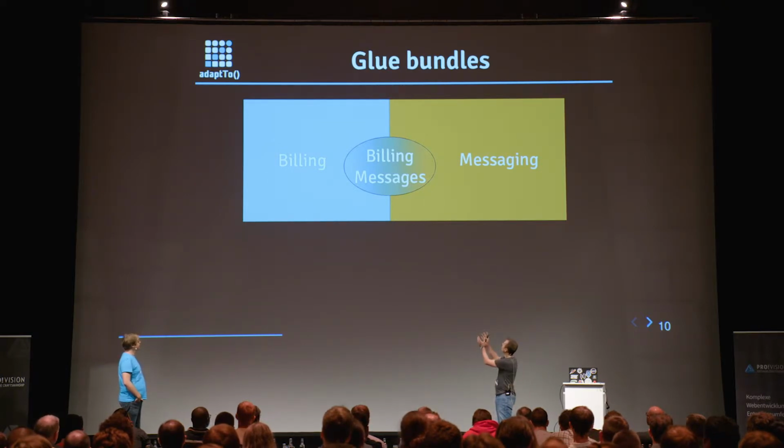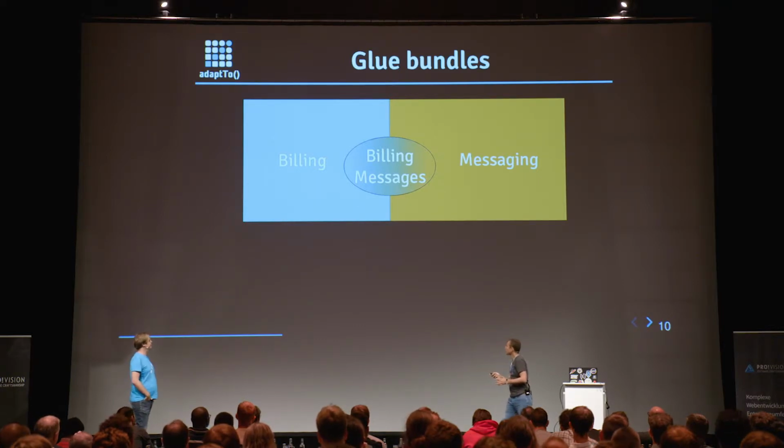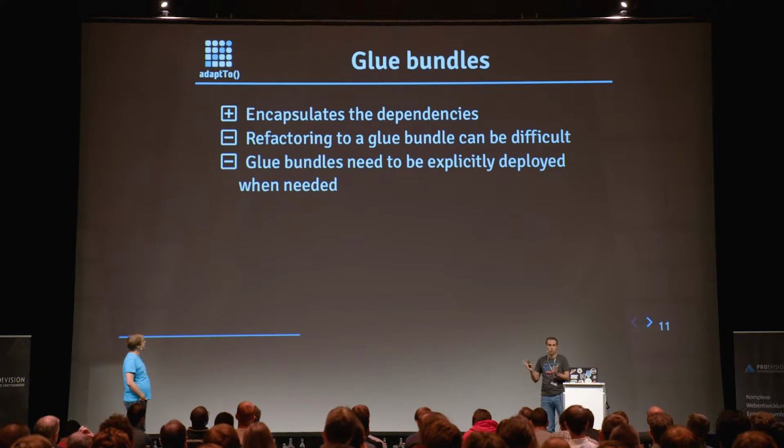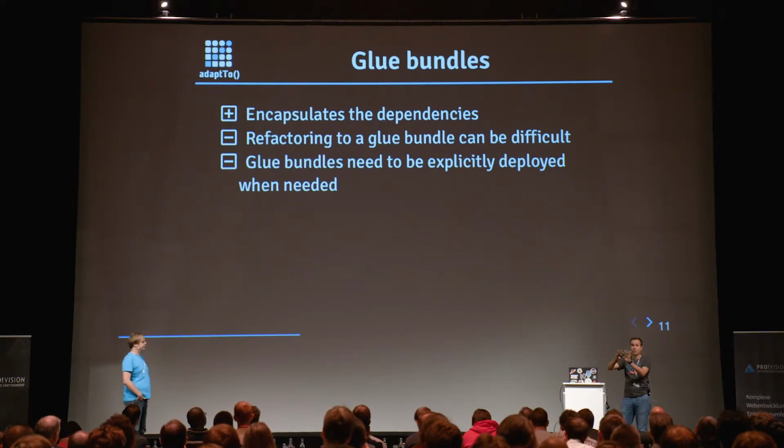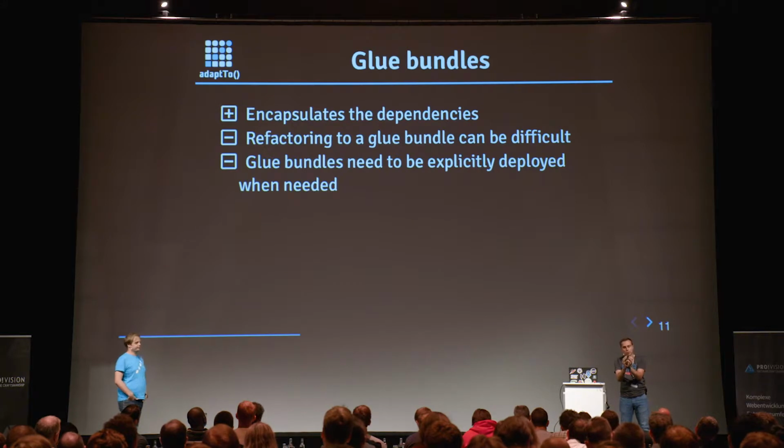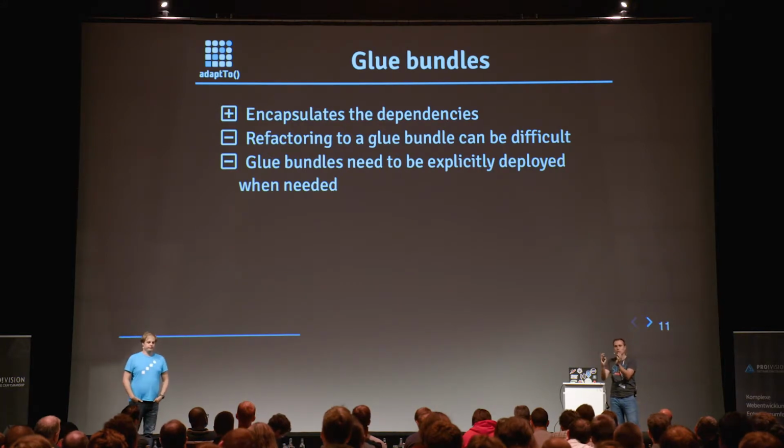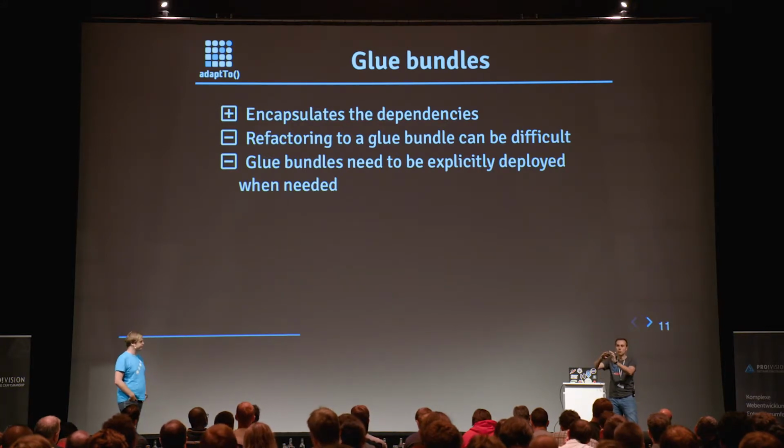This is the only place in which you have both dependencies to billing and to messaging. So that's one pattern. That's one way of encapsulating dependencies, to make sure you have a clear, separated boundary between the two modules. So the plus side is that you have a very small, isolated unit in which you hold these dependencies, and they do not leak out anywhere. So if you're there, that's great.